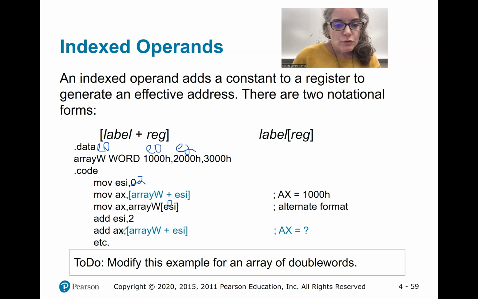And so it gets you the 2,000. So you have 2,000 added to 1,000. So AX would be 3,000 hexadecimal.